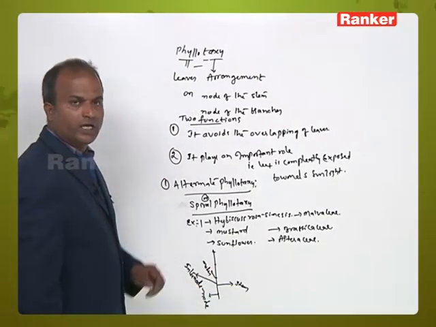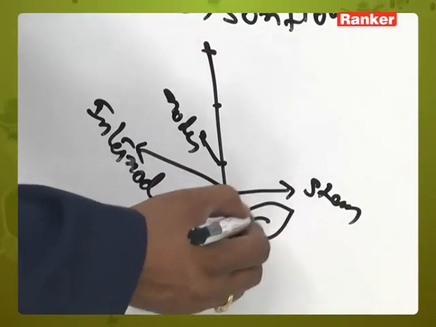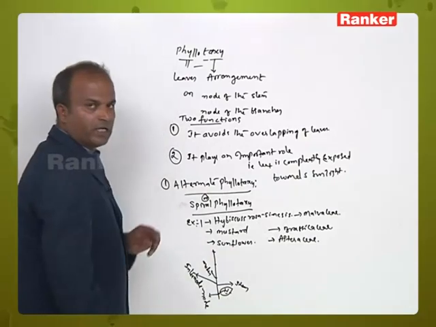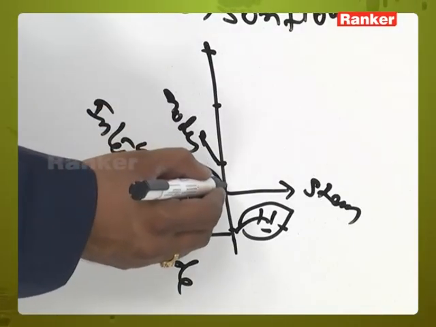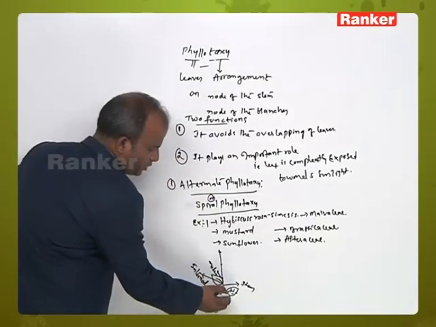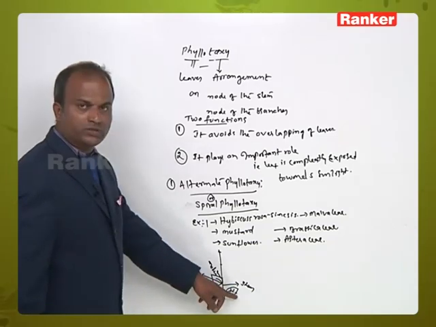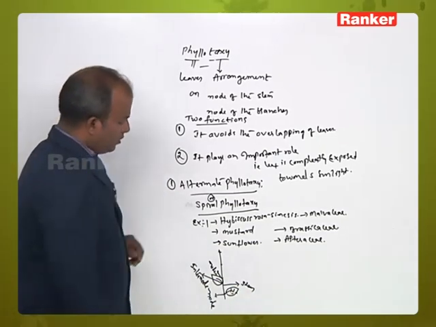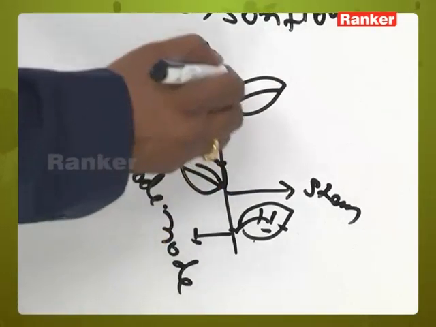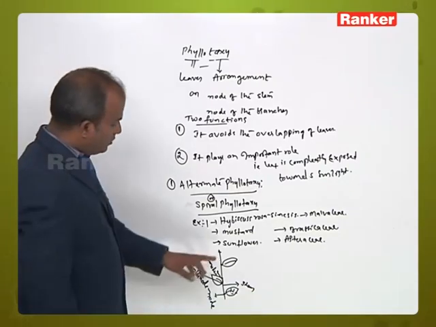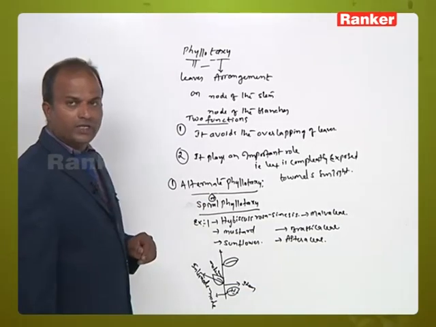From the first node one leaf arises. From the second node, the second leaf arises opposite to the first leaf. From the third node, the third leaf arises, which is opposite to the second leaf. This type of phyllotaxy is alternate phyllotaxy.